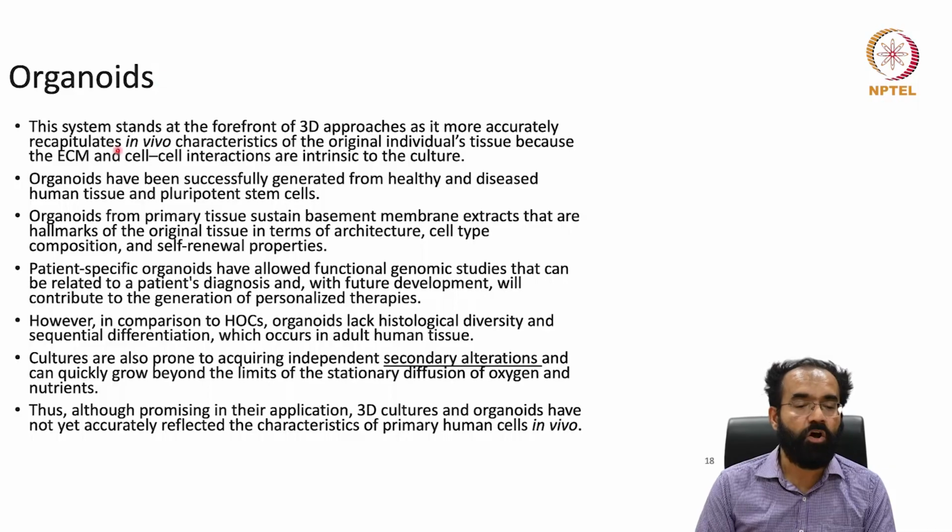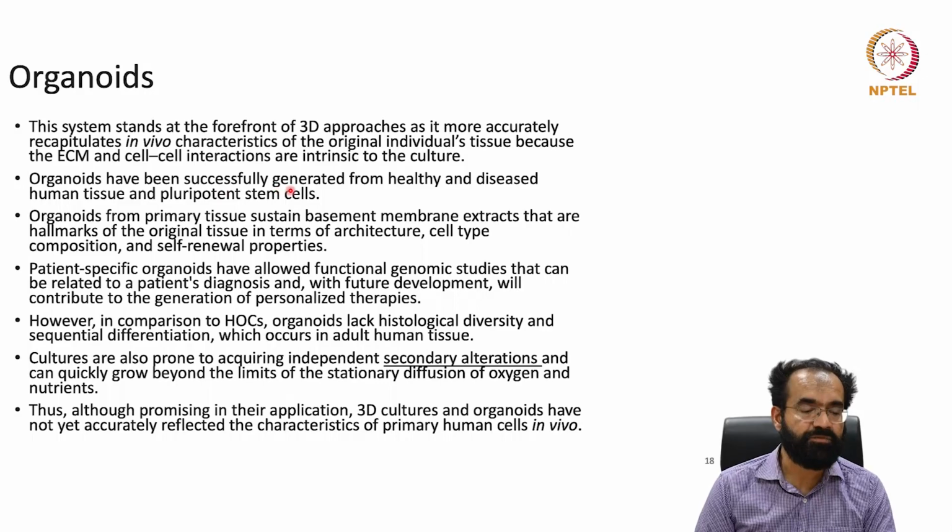So if you look into organoids, the system stands at the forefront of 3D approaches as a more accurate recapitulation of the in vivo characteristics of the original individual tissue, because the ECM and cell-cell interactions are intrinsic in nature to the culture.